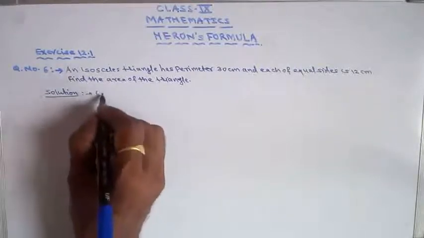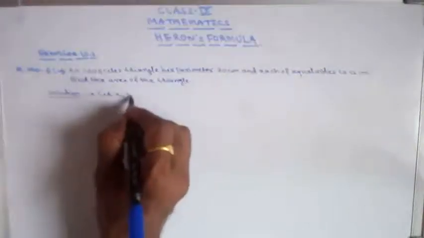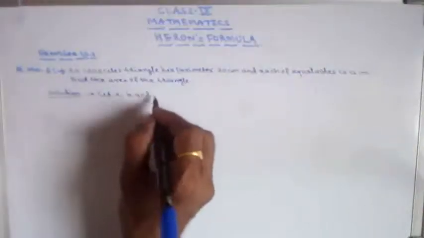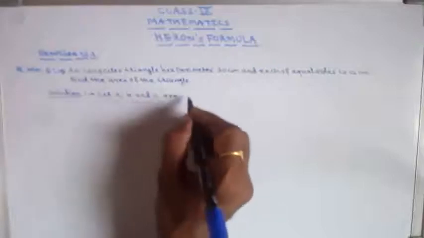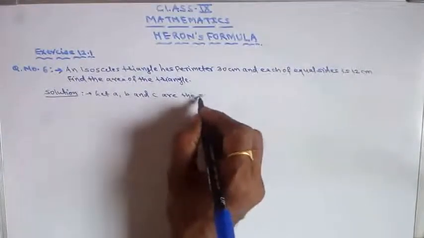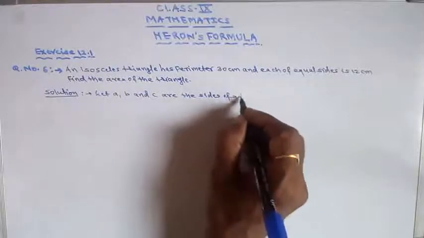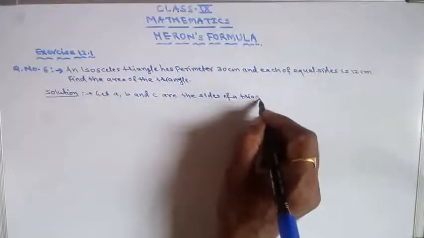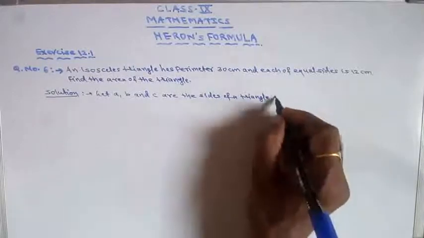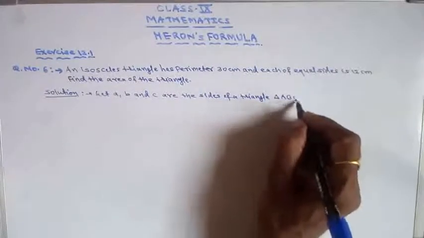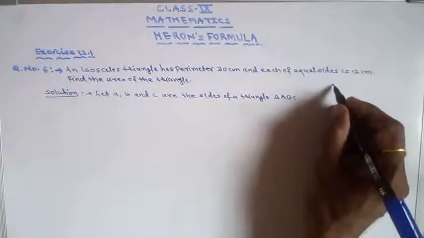Let small a, small b and small c be the sides of a triangle. Suppose I am taking triangle ABC. Okay, what is given here?